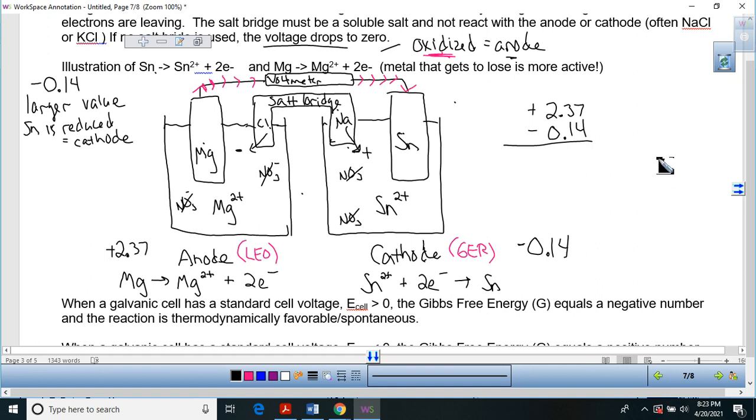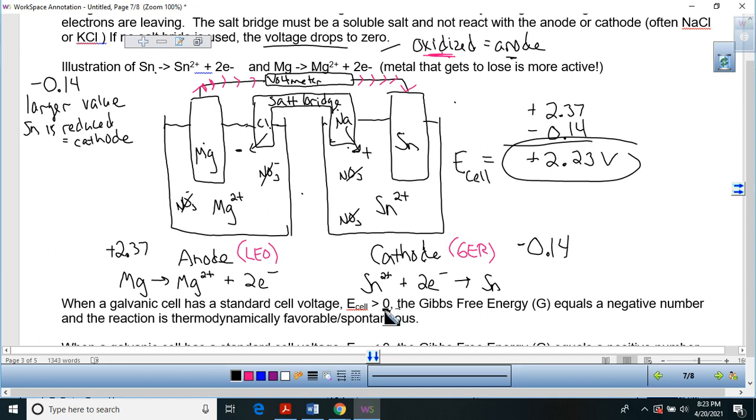When we add this up, this is going to give us our cell potential. So we take positive 2.37 and negative 0.14, and that gives us a cell potential of positive 2.23. And so this is the energy of our cell potential.